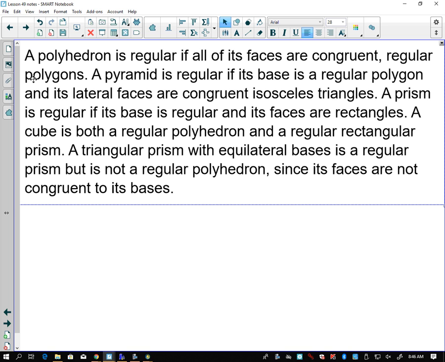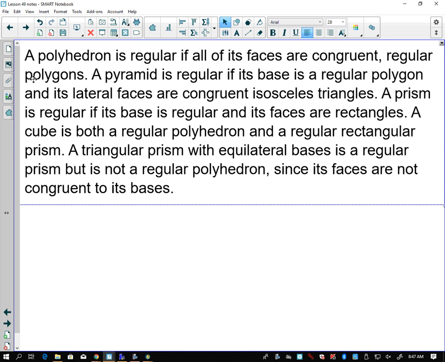Mainly the ones that we have here are square pyramids, so these would all be considered regular. All of those triangles that come up, those lateral faces, are going to be isosceles triangles, meaning they have 2 sides that are congruent. Usually, it should be the sides that go up to that point.